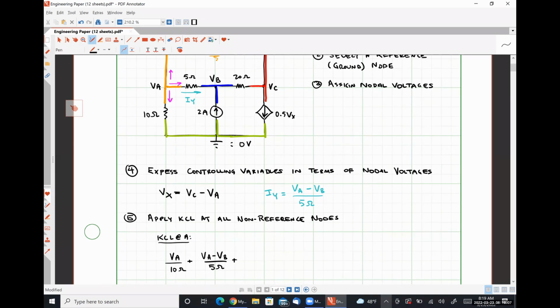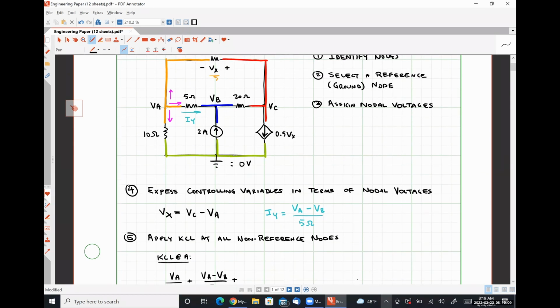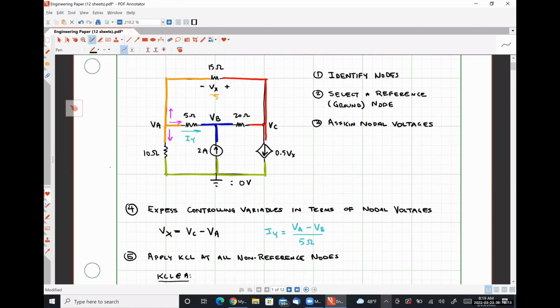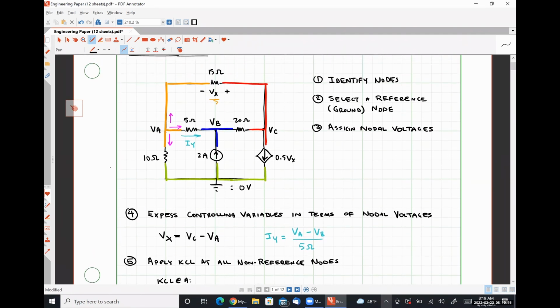And lastly, I need the current that's flowing up through the 15 ohm resistor. Somebody else. So Vx isn't a nodal voltage, so it shouldn't show up in a KCL equation like that unless it's part of a current source. So the nodal voltage that that current ends up at is Vc.